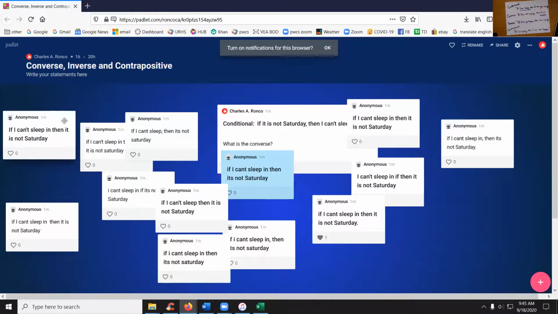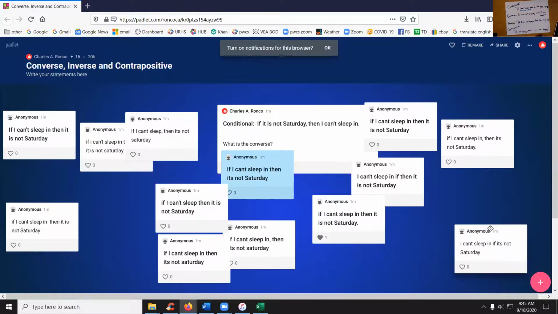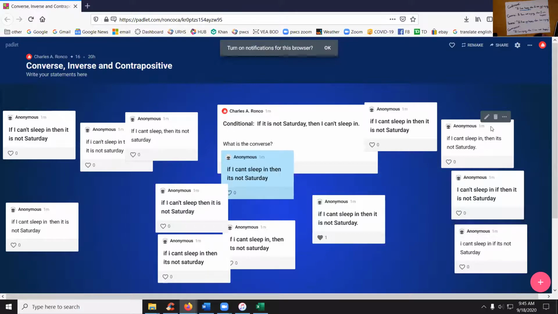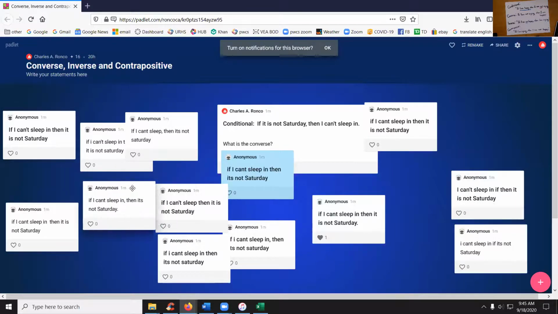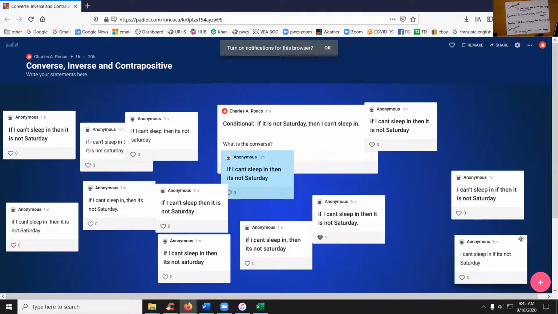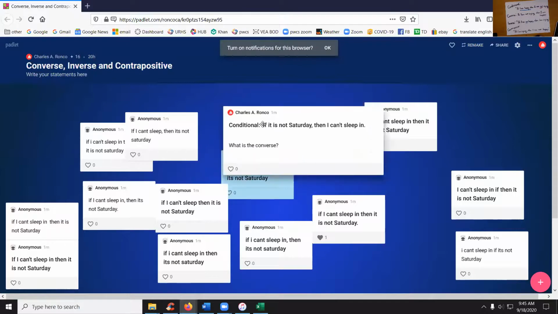Okay, do you remember in the beginning I talked about the word if and that the hypothesis is right after if? Take a look.